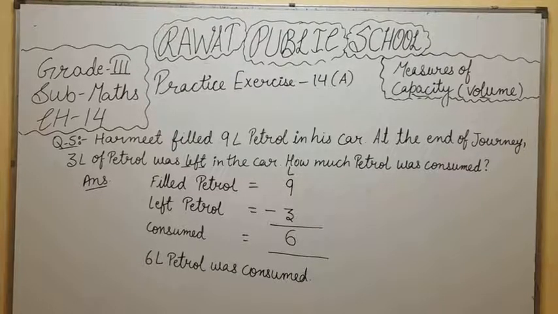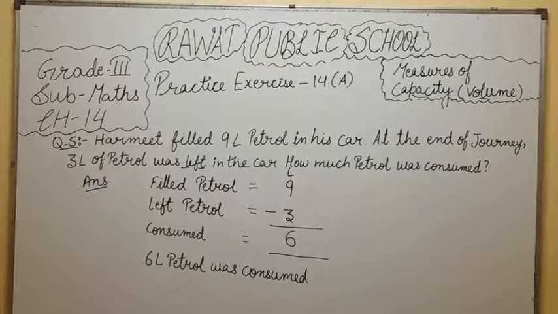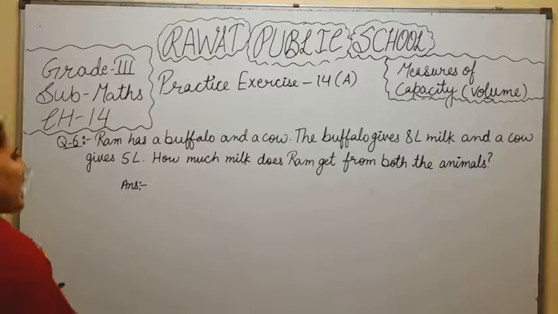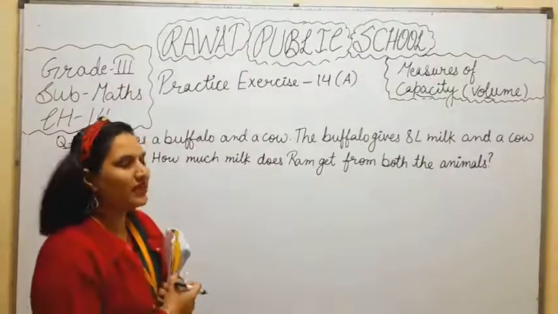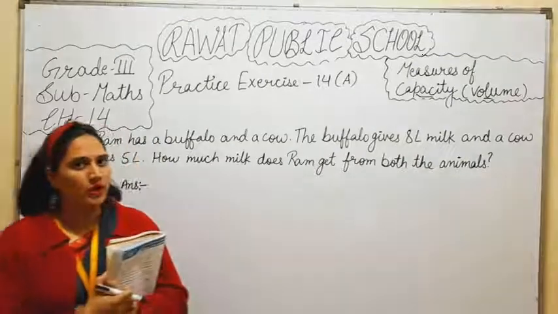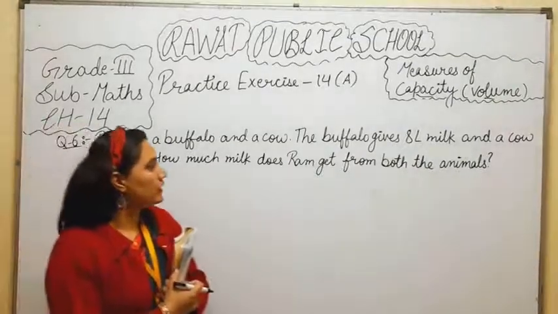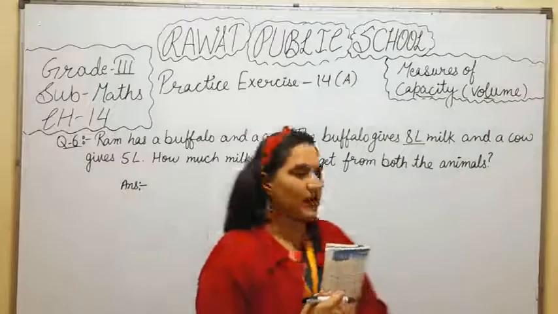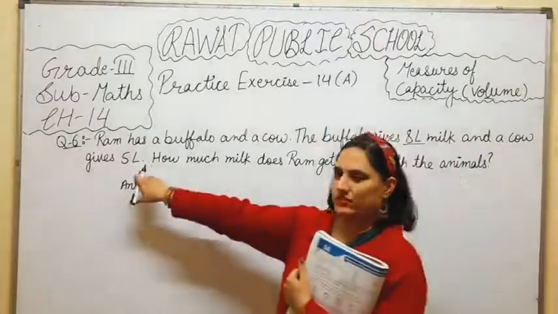Now we are going to solve question number 6 as well. Question number 6 is: Ram has a buffalo and a cow. There is a boy named Ram having a buffalo and a cow. The buffalo gives 8 liter milk and the cow gives 5 liter.